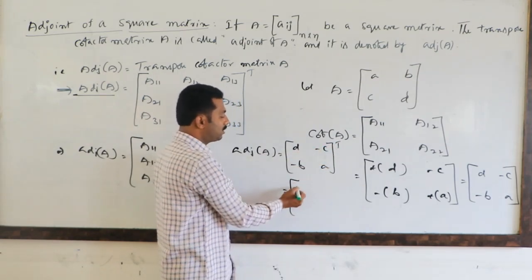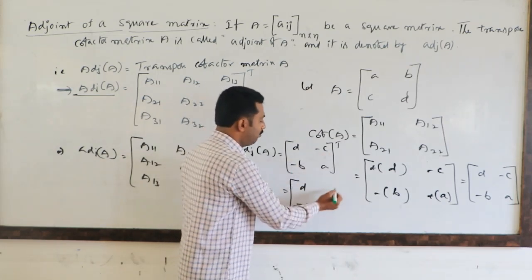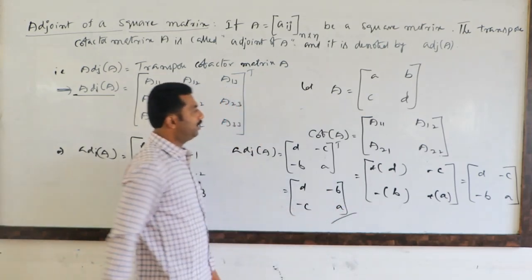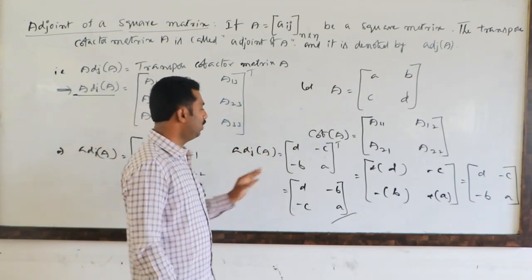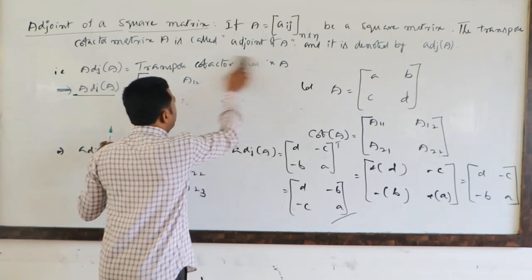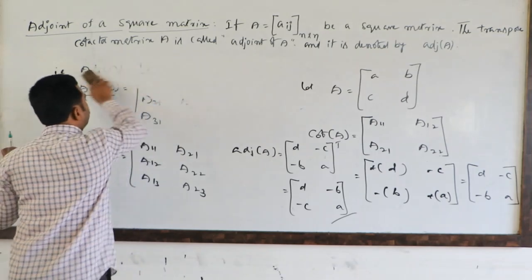First row becomes first column. This is D, minus C, this is minus B, A. So this is the adjoint of the square matrix capital A, B, C, D. This is the procedure we have to follow.